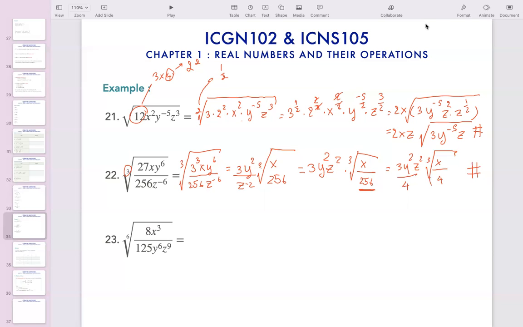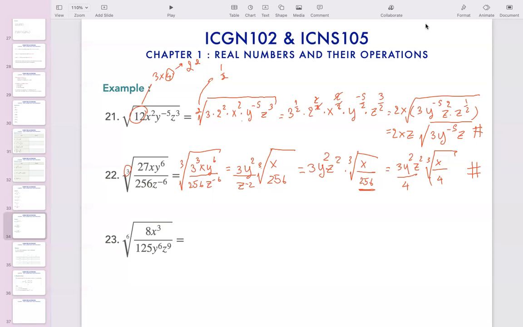Let's move on to the last example of this slide: the 6th root of 8x cubed over 125 y to the 6 z to the 9. In this one, I can change the 6th root to be the index number in the exponent.